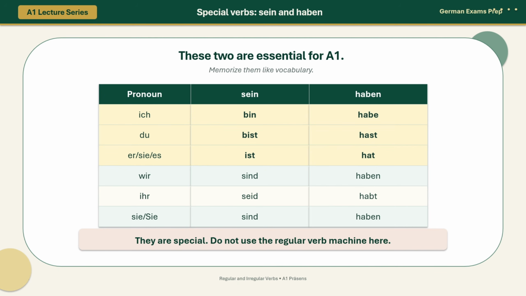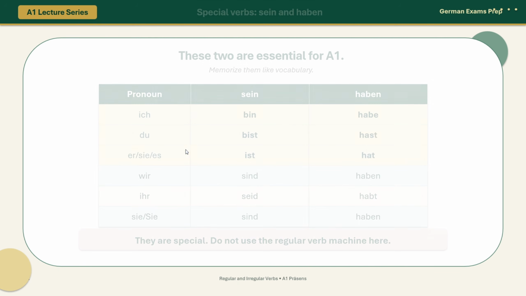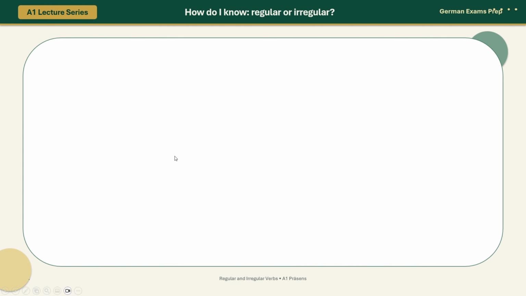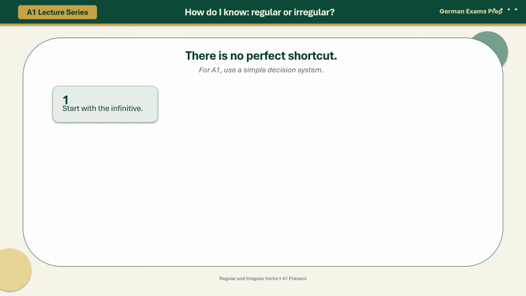Now the big question is, how do I know if a verb is regular or irregular? There is no perfect shortcut. But for A1, use this simple system. First, start with the infinitive, for example, lernen or sprechen.